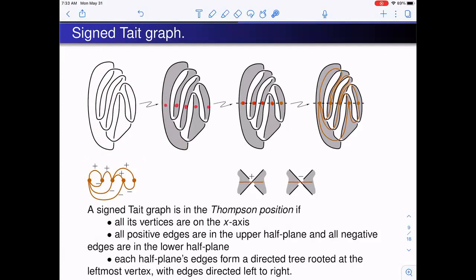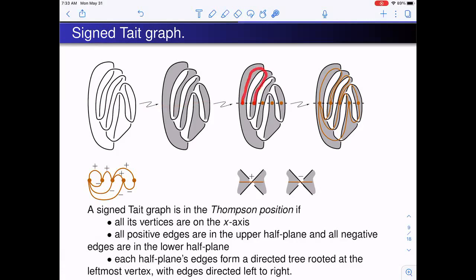black region. Actually, if it comes from the Thompson group, then there is that middle line which intersects all of the black regions, and I can treat it like the x-axis. I can choose the dots, the vertices of the Tate graph, on this x-axis. Then I connect two vertices by an edge through the crossing.